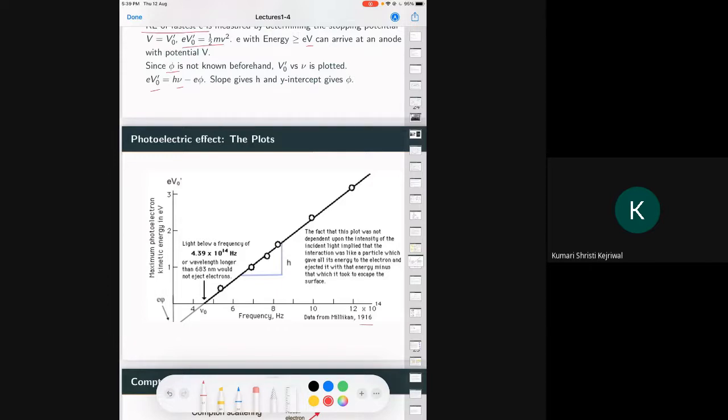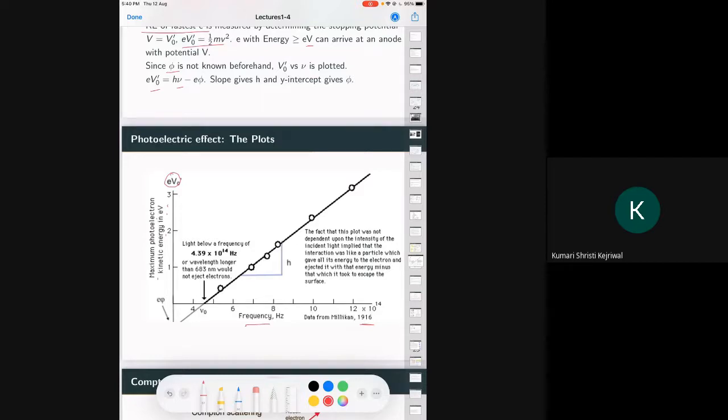So this is the actual original data from the experiment that Millikan did in 1916. He plotted the stopping potential versus the frequency, and as you can see, he labeled it as maximum photoelectron kinetic energy in eV. And he obtained a straight line.